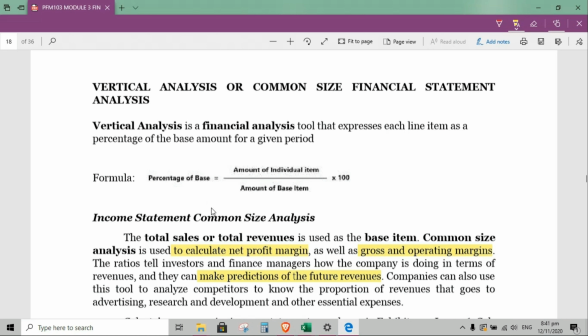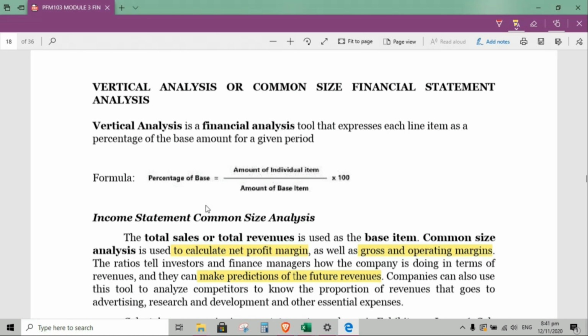Our formula. Ngayon, the question is, ano yung magiging base item? So, unlike sa horizontal analysis, ang base item natin is yung previous year. But, with common size analysis, ang kanilang base item dito ay magkaiba. Iba sa income statement, iba sa balance sheet.